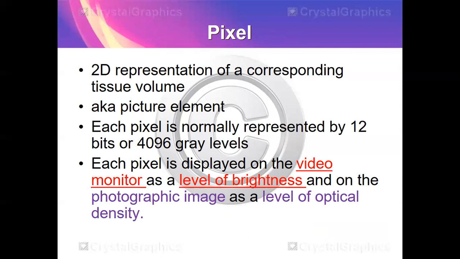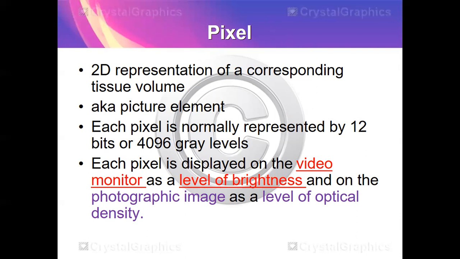When we talk about a pixel, it represents a two-dimensional image of a target or a specific volume, the target of interest. Pixel is actually a shortcut for picture element. Each pixel is normally represented by 12 bits or 4096 gray levels.